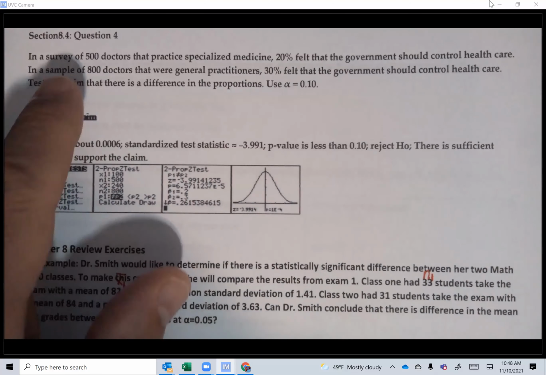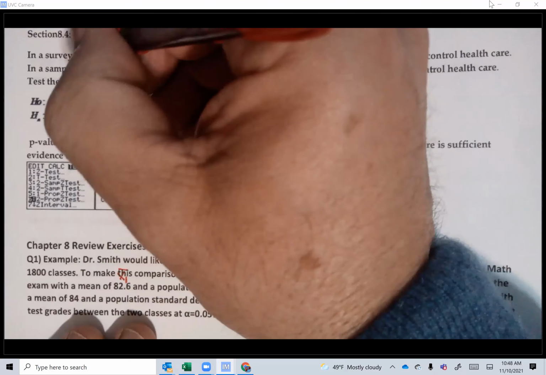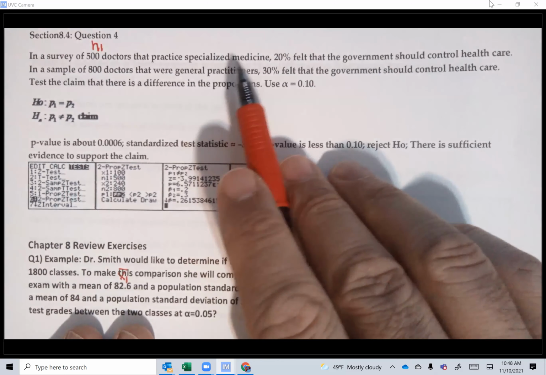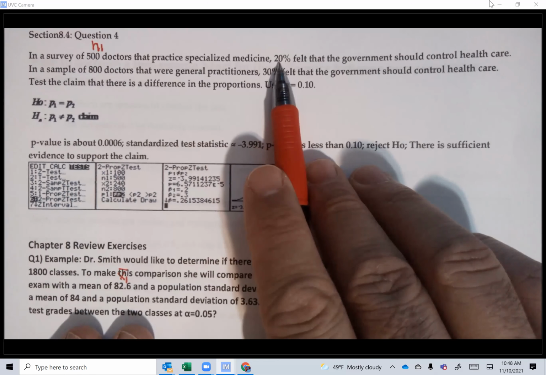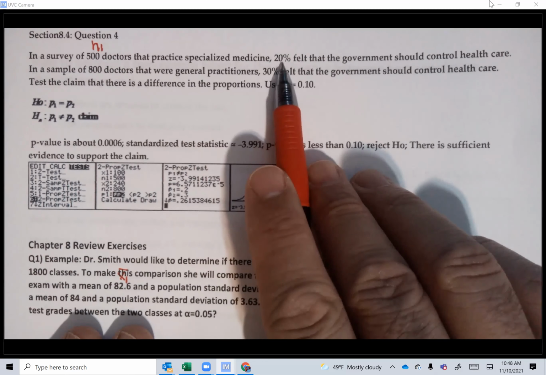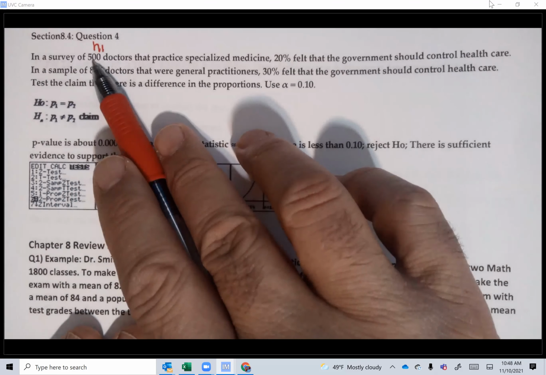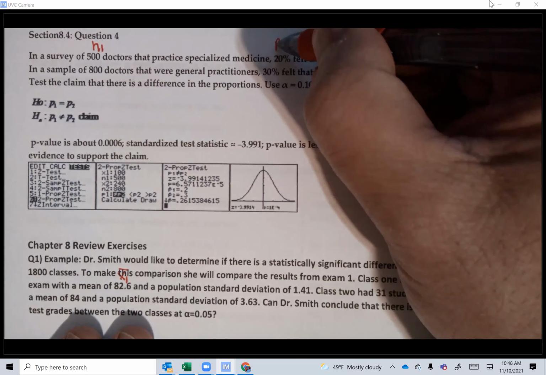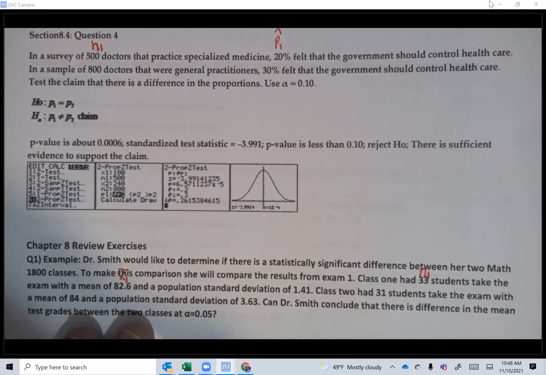So this is N1, guys. But he didn't give you X1. He gave you the percentage. What I told you guys in the previous exercise to do, just take the percentage and multiply it by N to get to the X. So that's a P1 hat. Felt that the government should control healthcare.